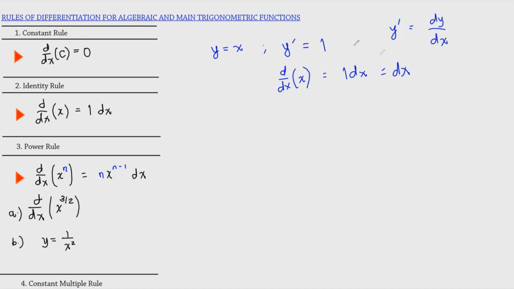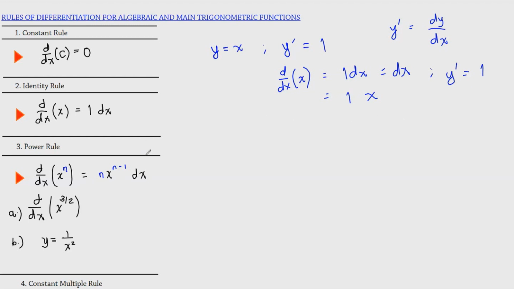So you don't have to add dx since it's already written in a y prime expression. Be careful with that: if I ask for the derivative of the expression and you just answer 1, it will be marked incorrect because it should be dx, since you can't see any y prime. But if you answer y prime equals 1, that's still correct.